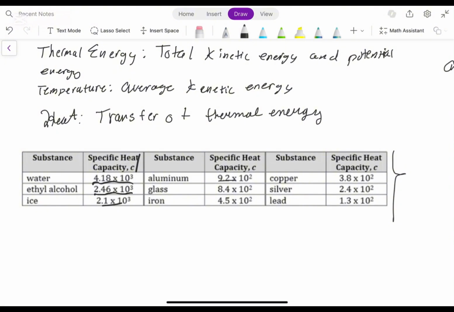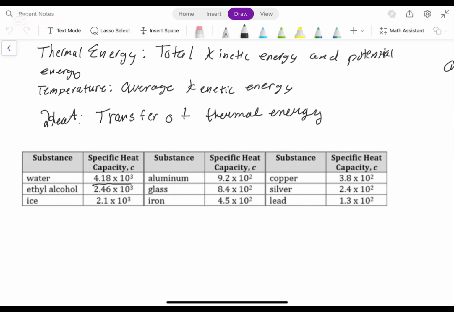And then you'll see aluminum, glass, and iron have even greater heat capacities. We'll actually need this chart to do some of the questions we have, because this gives us our C value, or our heat capacity. For water, our C is 4.18 times 10 to the 3 joules over kilograms degrees Celsius, and so on and so forth. We have everything labeled out there.